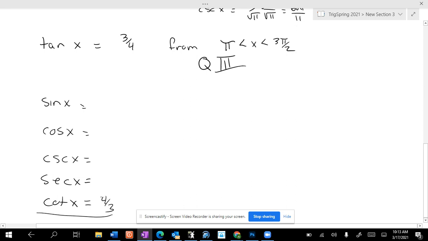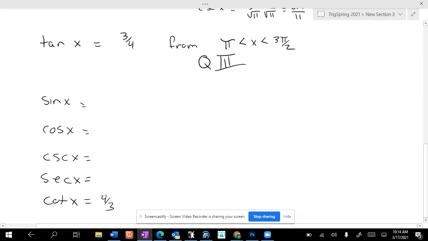Cotangent of x is 4/3. Okay, what Pythagorean identity does tangent share itself with? Secant.